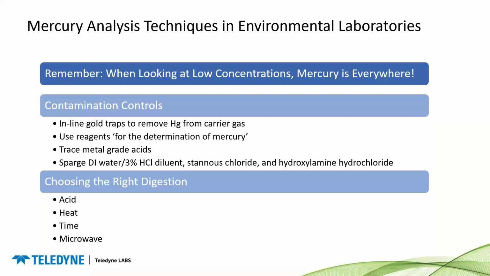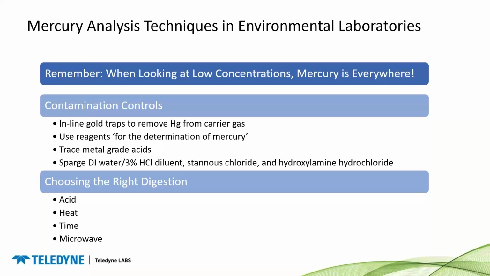So I typically sparge DI water, 3% HCl that I use as the diluent to make my stock standards and calibration standards. I also sparge stannous chloride and hydroxylamine hydrochloride. So I sparge all of those before use just to make sure that there's no mercury in there before I begin. I also use reagents marked for the determination of mercury.